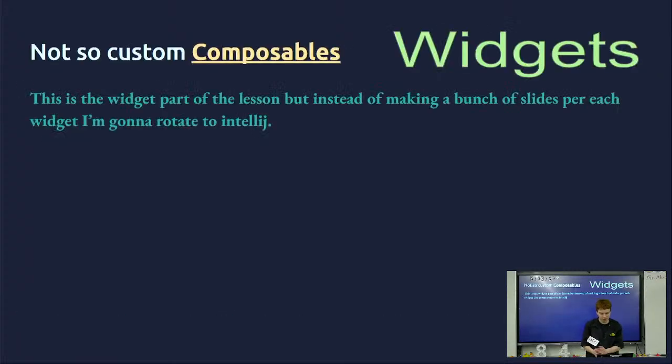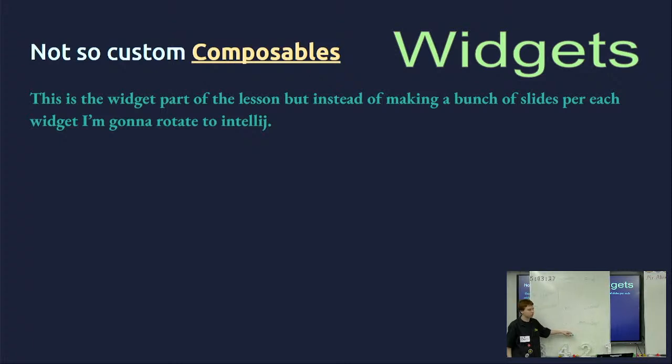Okay, widgets. In the JavaFX slideshow, I had a slide for every single widget. We called it widgets because widgets are a lot cooler than interactable devices. But pretty much, I'll go through a lot of the basic ones right now.